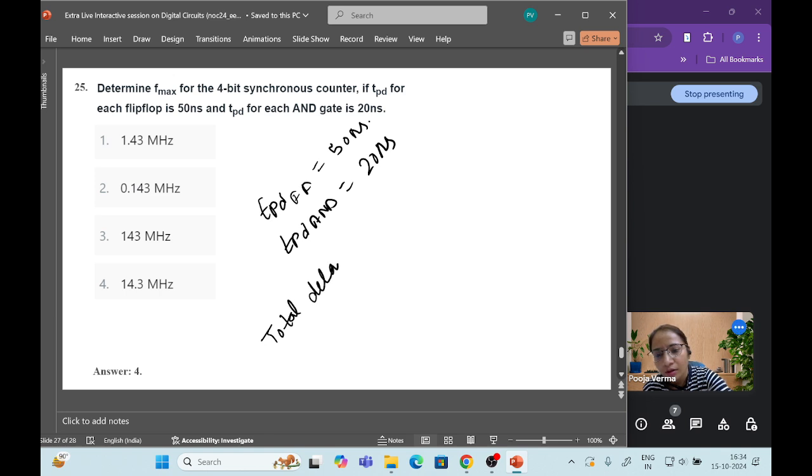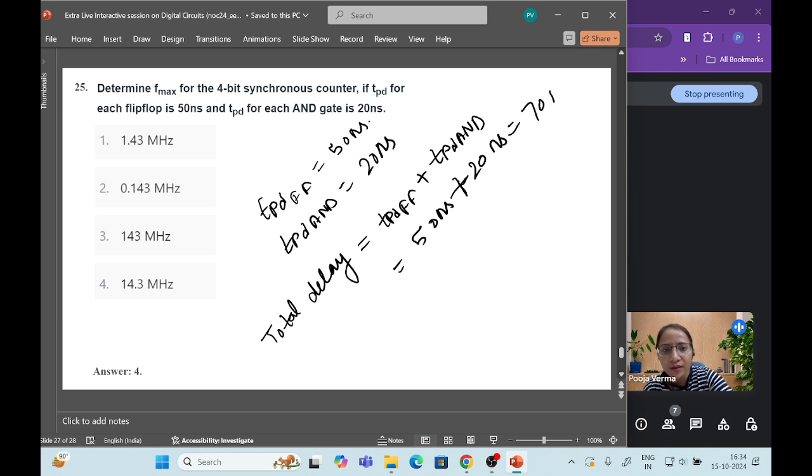Total delay is TPD of flip-flop plus TPD of AND gate. That means 50 nanosecond plus 20 nanosecond. Total 70 nanosecond. Okay, and F maximum can be found by 1 by total delay.